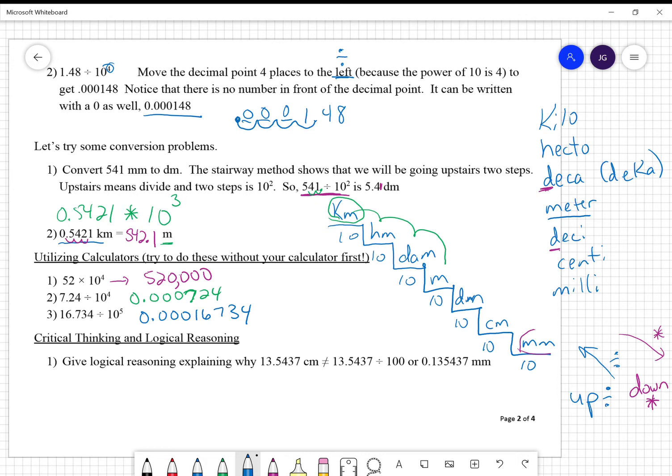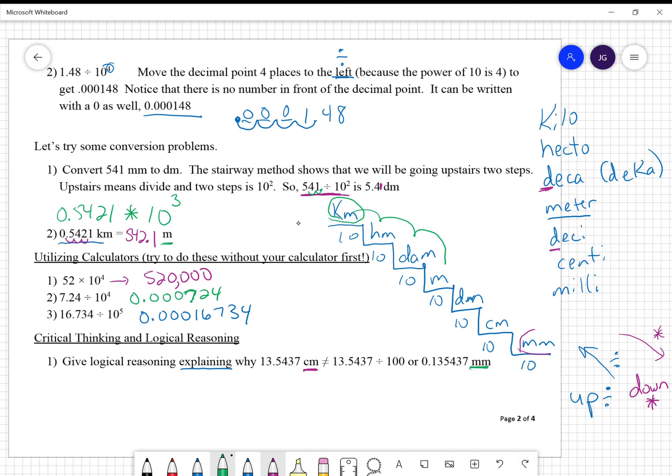Okay, in this next section, we're looking at critical thinking and logical reasoning. So we're not necessarily solving. Give logical reasoning explaining why 13.5437 centimeters does not equal 13.5437 divided by 100, or 0.135437 millimeters. Okay, we're going from centimeters to millimeters.